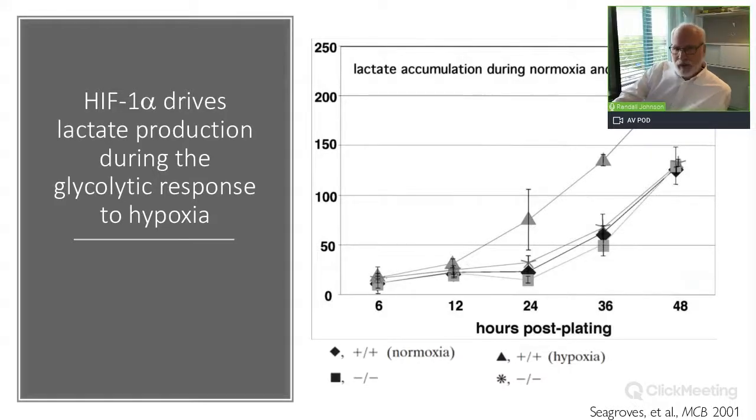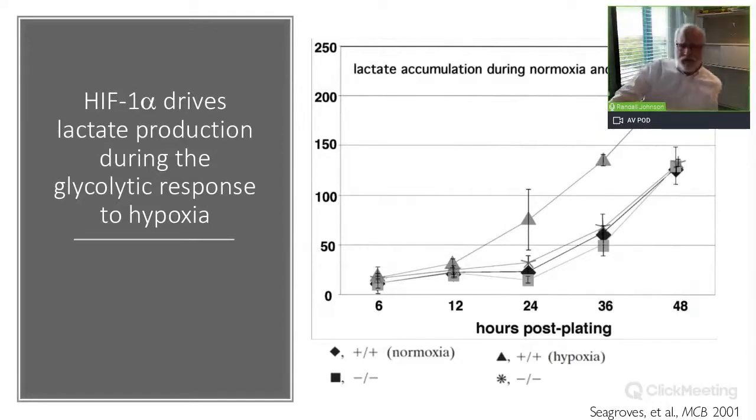And the last part of the talk, I wanted to talk about something a little bit different, but that is still relevant to this phenomenon of tissue hypoxia. So this is a very old paper from our group, just showing that the so-called Pasteur effect, the increased level of lactate production during hypoxia, is essentially HIF dependent.